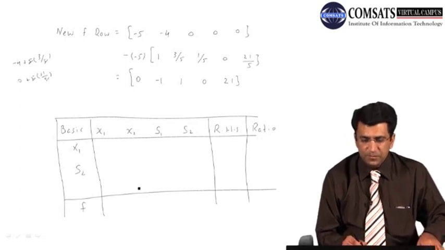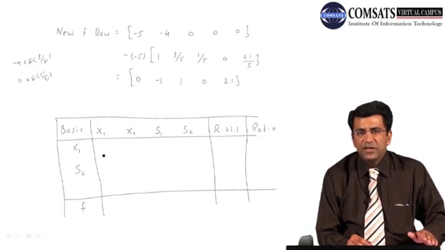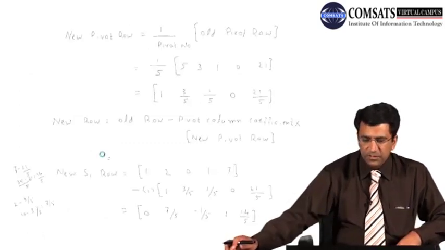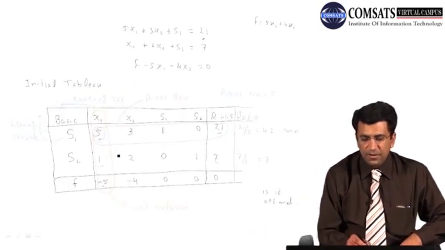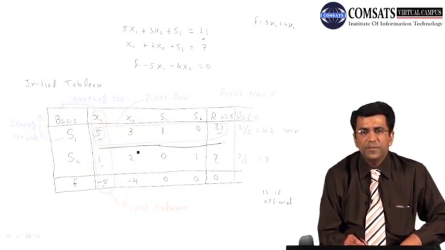So this is how we will replace the entering variable and leaving variable, which we previously identified in our last initial tableau. Now again class, first of all we will put the new pivot row, which we have already computed, in place of the old pivot row. If we refer to the previous table, this is the position of the old pivot row, which will be replaced in the incoming table.